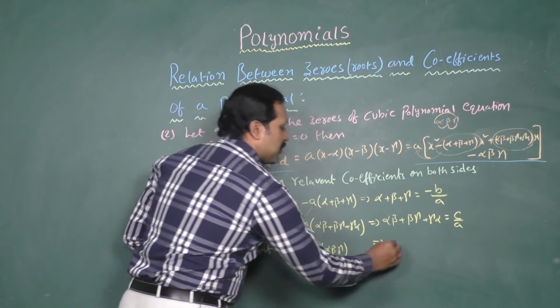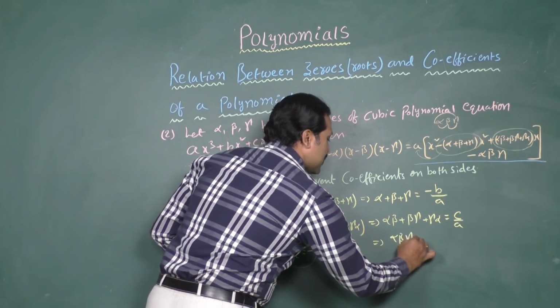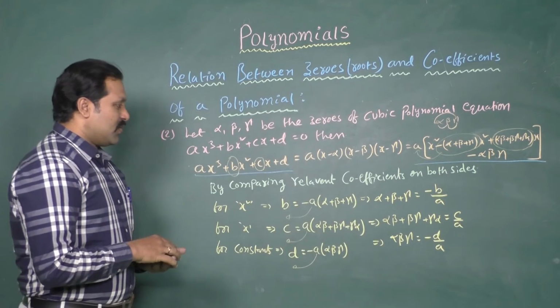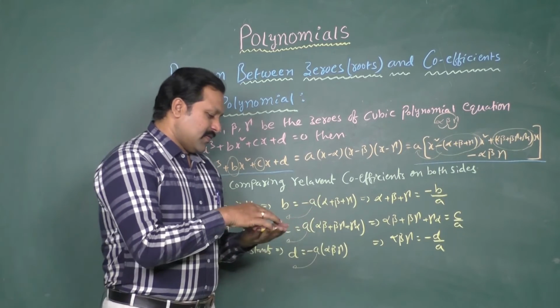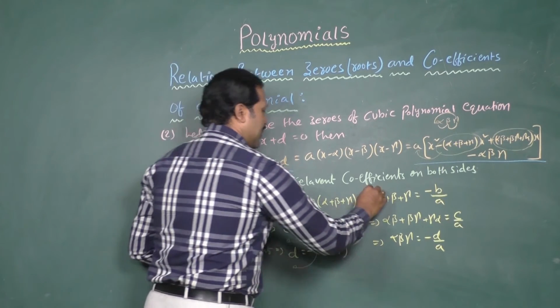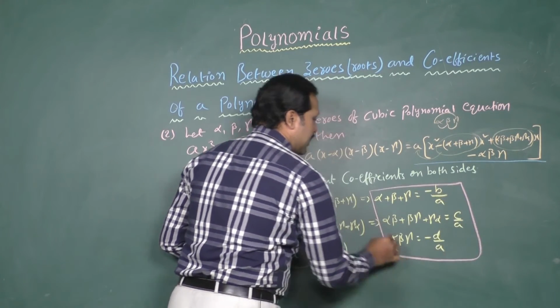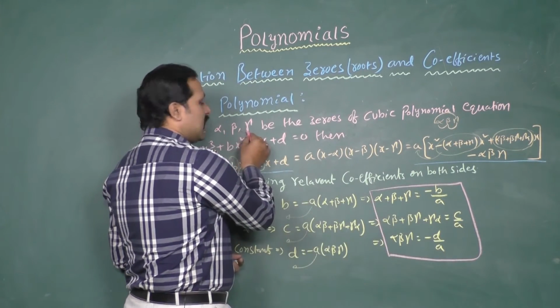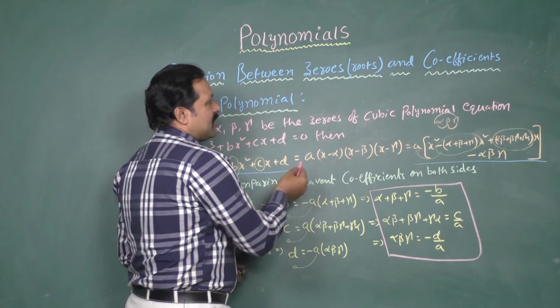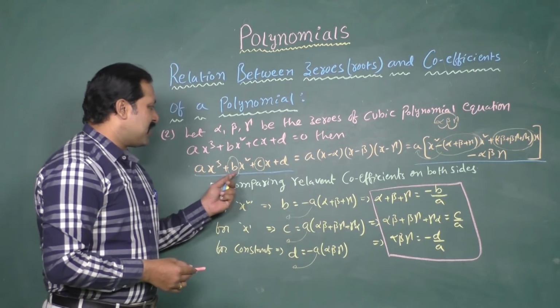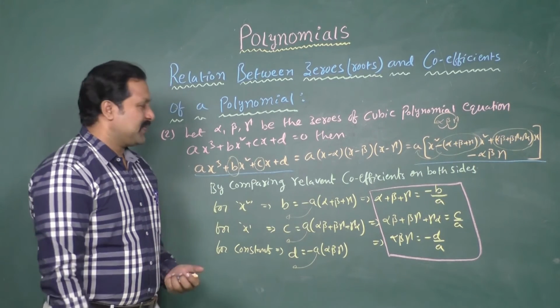So alpha beta gamma gives minus d by a. So this is the final result between zeros of a polynomial, that is alpha, beta, gamma, and coefficients. Coefficients are a, b, c, d.